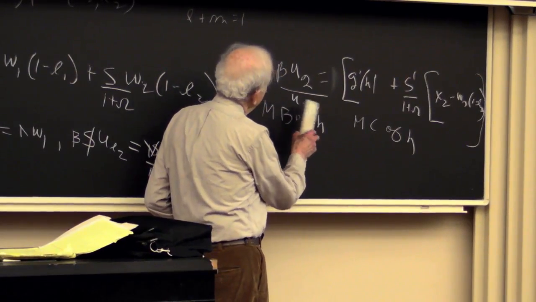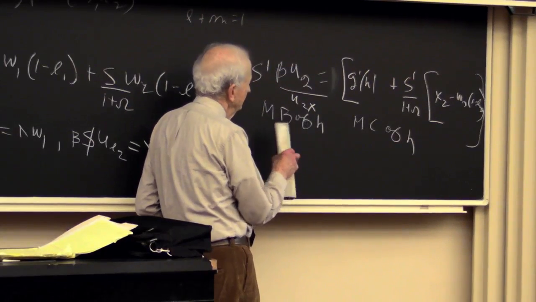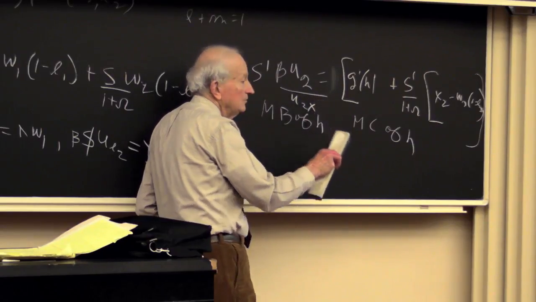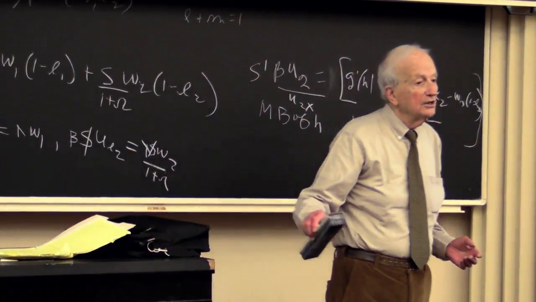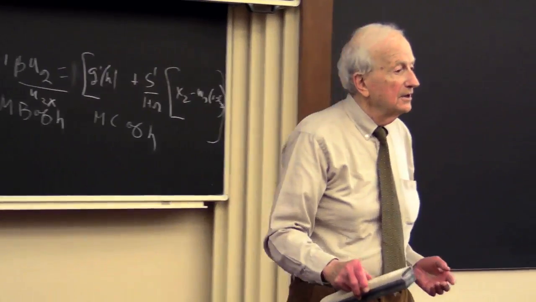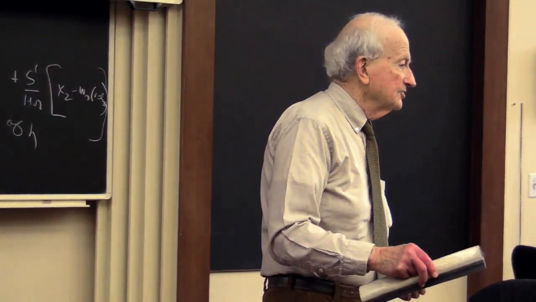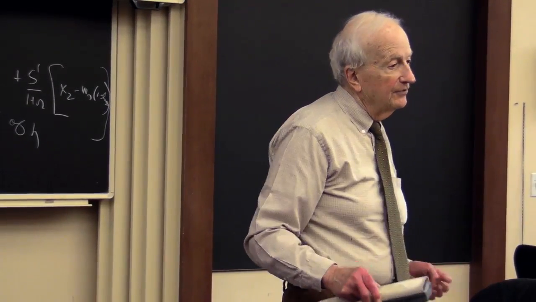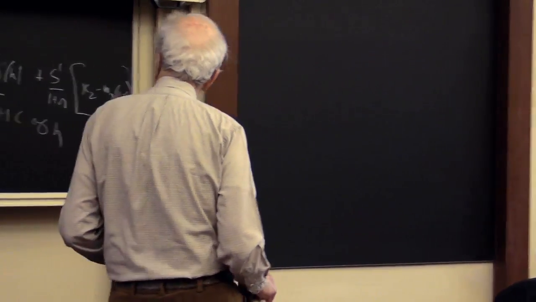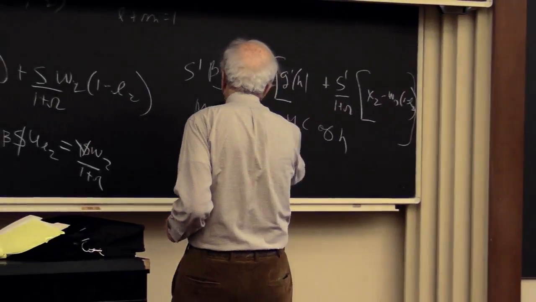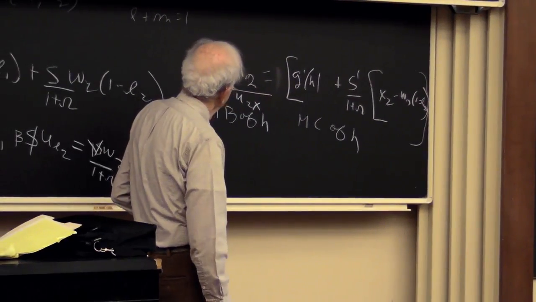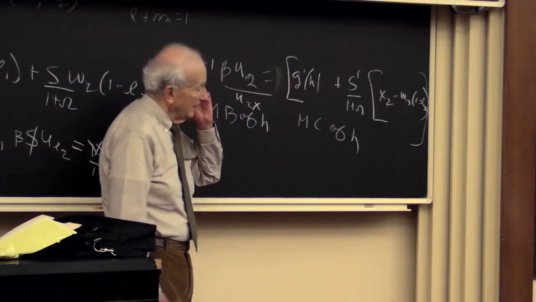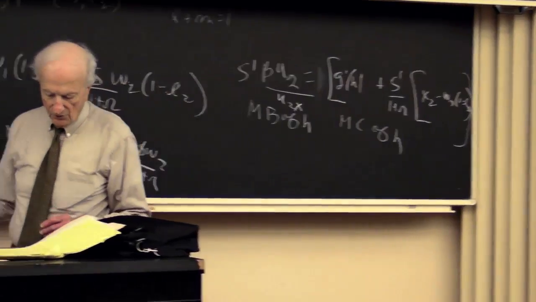Now we're converting everything into monetary units. U2 over U2x is x2, really, and the elasticity of substitution, let's say, over time, or the concavity overall, which we'll show later on. Anyway, this is what we have here, okay? And then we're equal to that cost. That's another way to look at it.